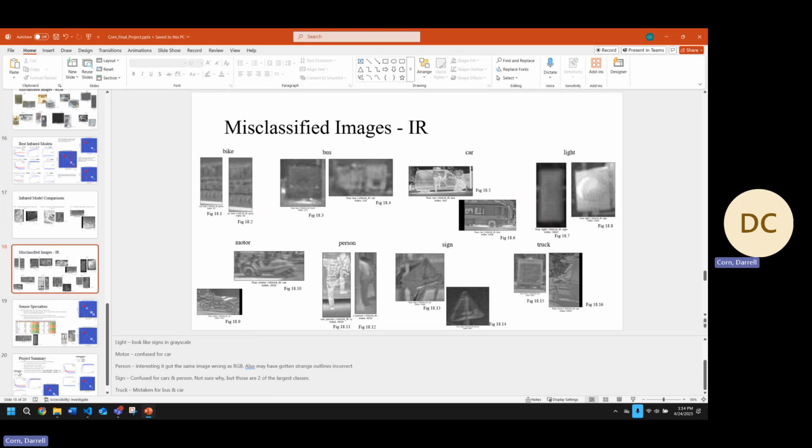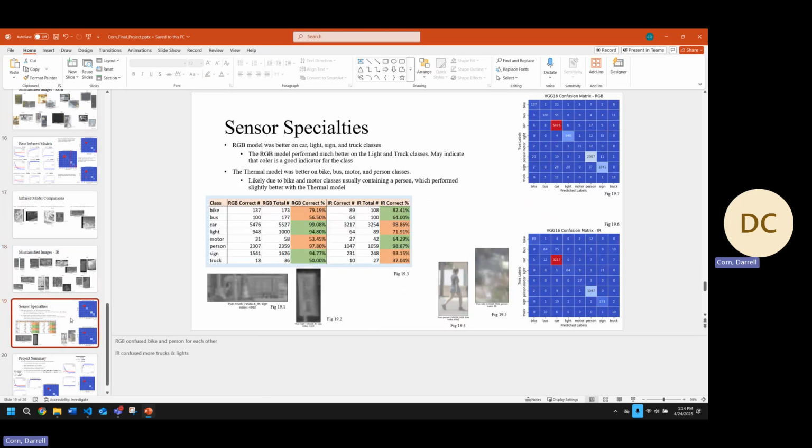Okay, so time to compare our RGB model with our infrared model. After comparing the two confusion matrices listed here in figure 7 and figure 6, I noticed that the RGB model is better on the car, light, sign, and truck classes. It got a higher percentage of those images correct, whereas the thermal model was better on the bike, bus, motor, and person classes.